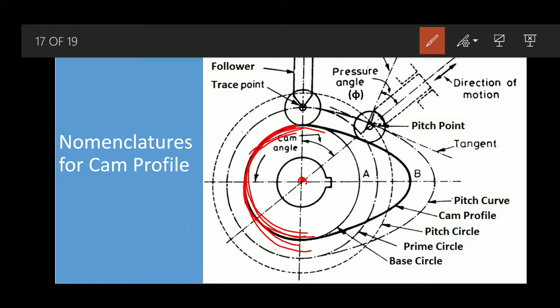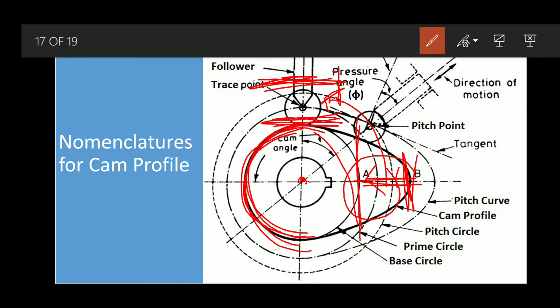The lowest position is somewhere here. In this case of this follower, A to B must be the lift of the follower during the course of movement. That means this amounts to this vertical direction. So the travel of the follower will be this one.